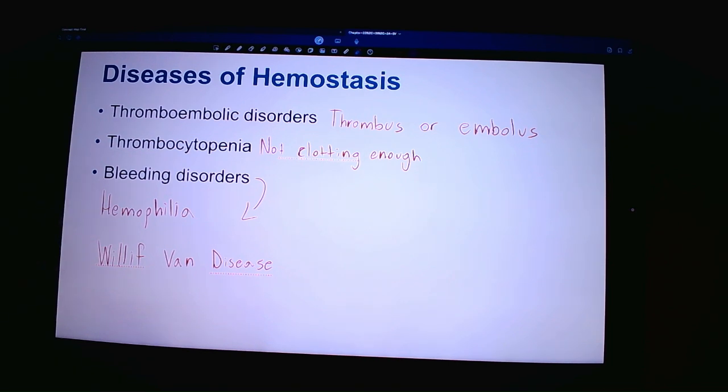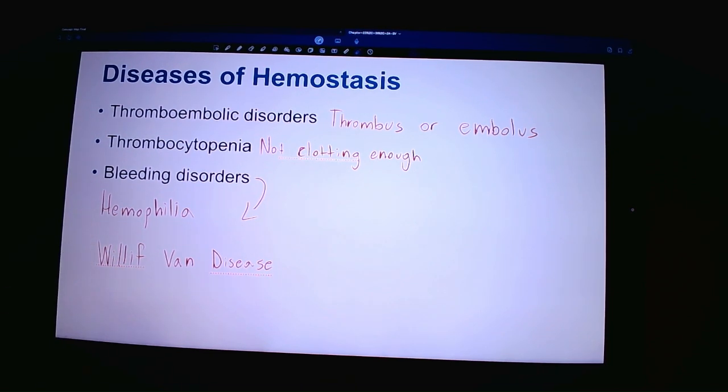Thrombocytopenia. So it falls two different ways. It's either not clotting enough, but mainly it's because there's not that many platelets in circulation. So because you've lost all that staff that basically creates clotting, you have a difficulty in the clotting process.